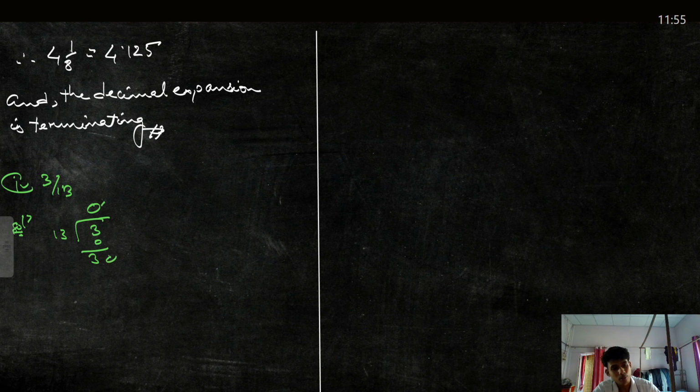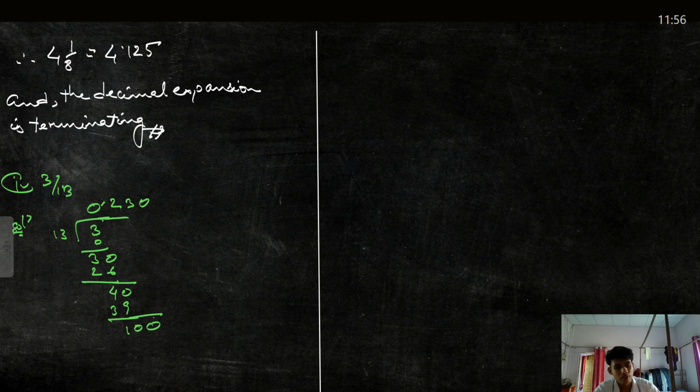Then 3, we give a point, it becomes 30. 13 2 times is 26, remainder 4. Again it becomes 40. 13 3 times is 39. It becomes 10. Again, give 0.